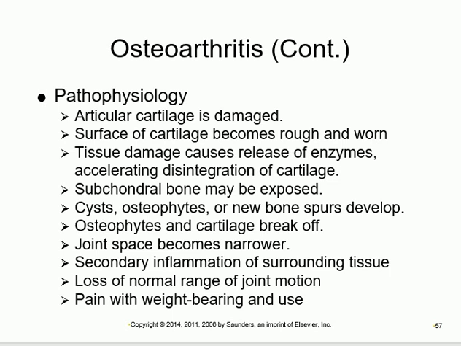How is the cartilage broken? There are some enzymes. There is tissue damage from the abusing of the joint. So there are some enzymes that are released to accelerate the process of damaging the cartilage.